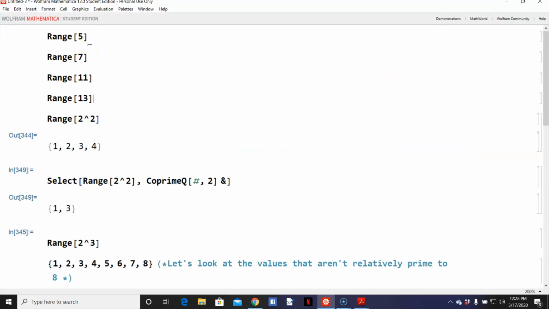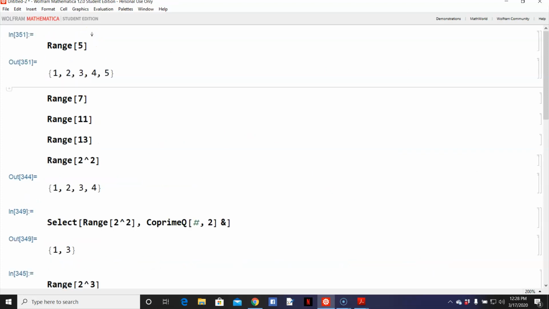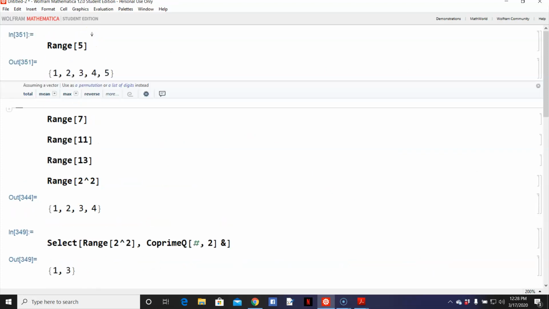All right, so let's simply start with 5. Okay, so we're going to look at the values 1 through 5, and we want to know which ones are relatively prime to 5. Okay, a slightly easier question. Can we figure out which ones aren't relatively prime to 5?